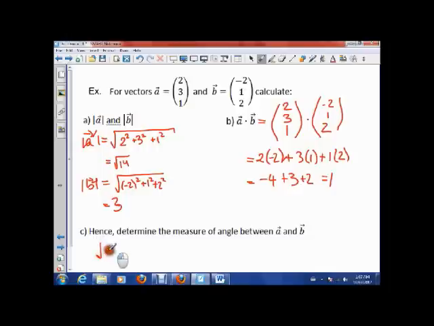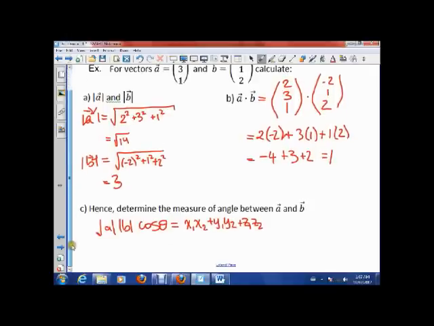Let's write out the equations first. Magnitude A times the magnitude of B times cos theta is one way to write the dot product, and x1 x2 plus y1 y2 plus z1 z2 is another way to write the dot product.